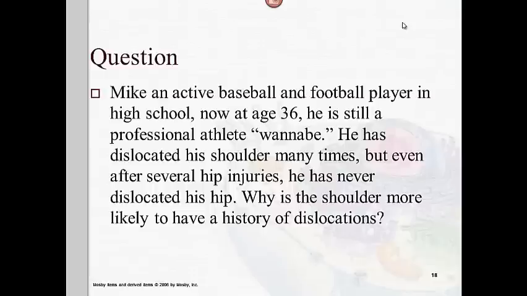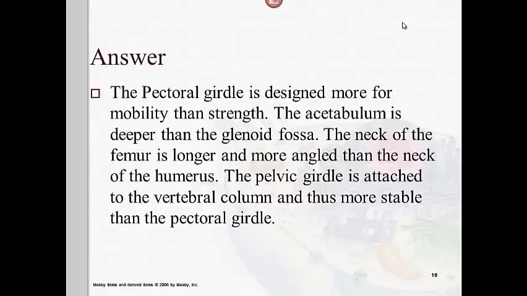There's a question about Mike, who was an active baseball and football player in high school. Now at age 36, he's still a professional athlete. He has dislocated his shoulder many times, but even after several hip injuries, he has never dislocated his hip. Why is the shoulder more likely to have a history of dislocations?